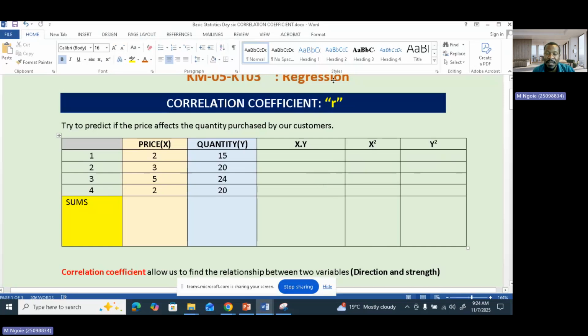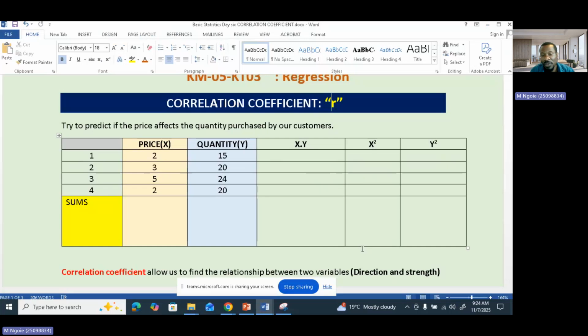This is just an example. We are trying to predict if the price affects the quantity purchased by our customers. So we are going to see if the price of something will affect the quantity purchased.